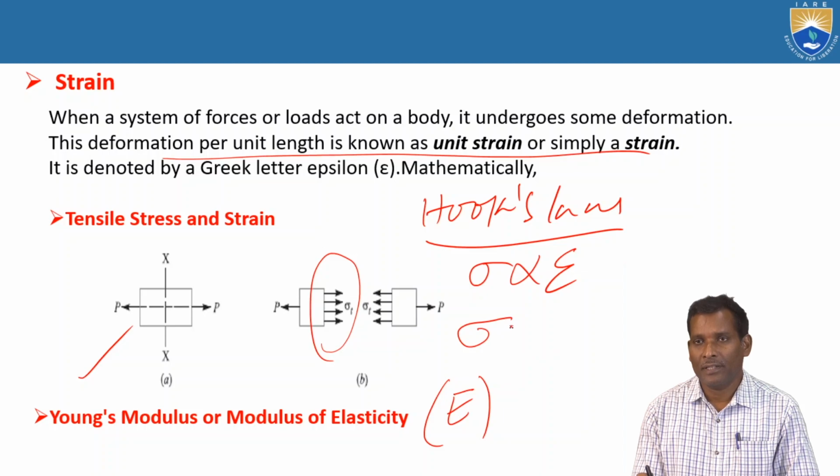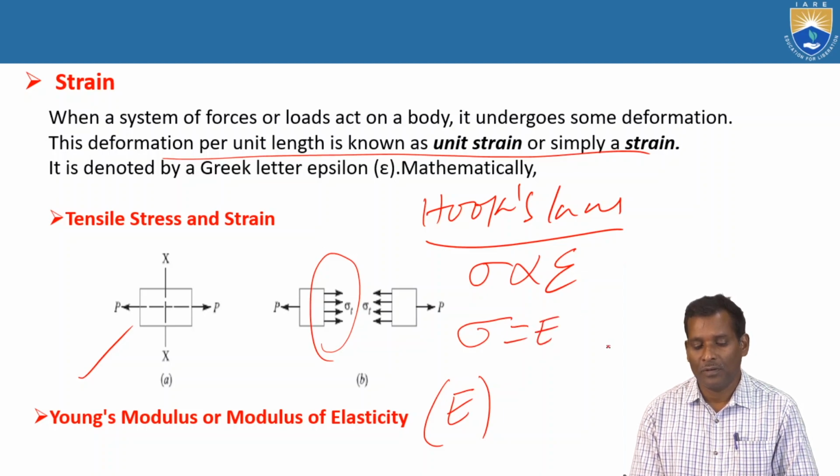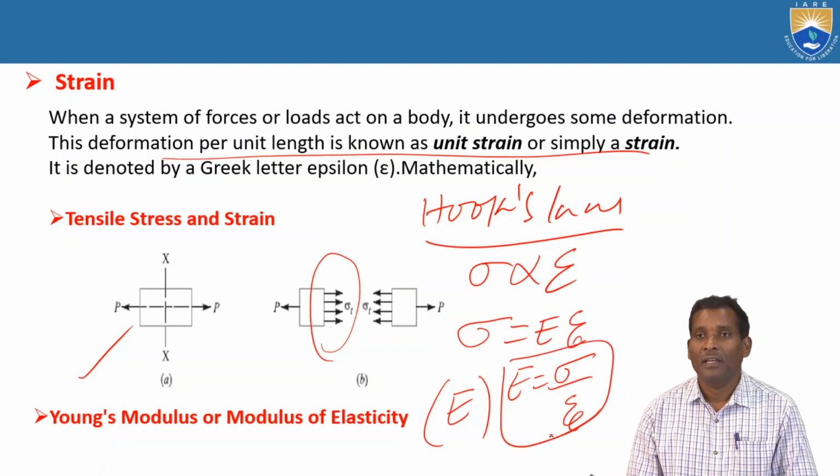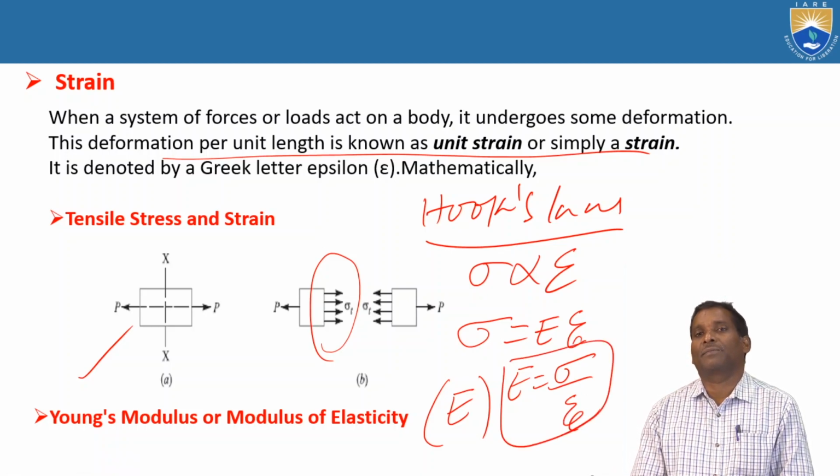So you can write with the help of constant. So that is Young's modulus. Sigma is equal to E into eta. So E is equal to sigma by eta. So this is stress upon strain.